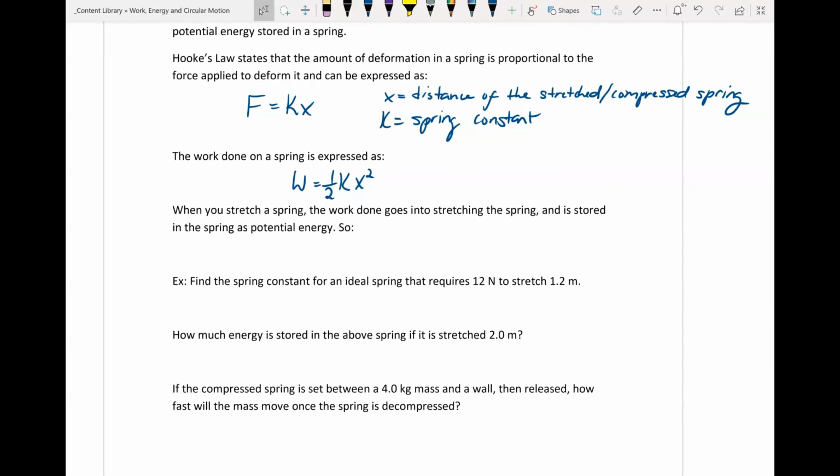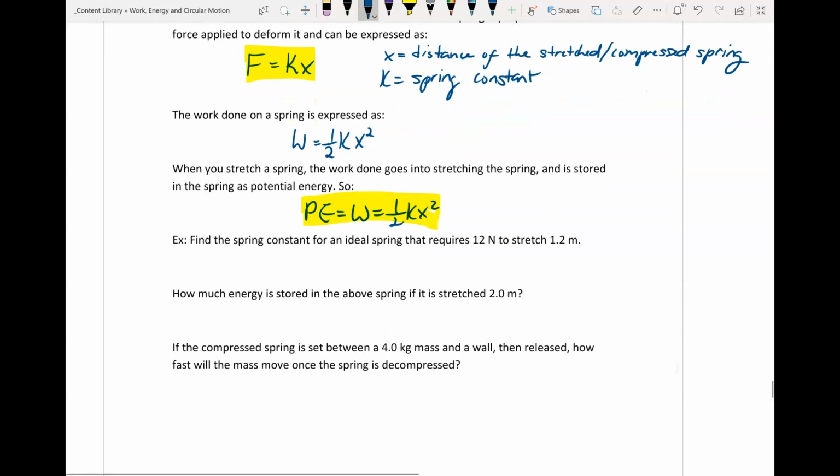Again, where k is your spring constant and x is the distance of the stretched or compressed spring. When you stretch a spring, the work done goes into stretching the spring and is stored in the spring as potential energy. So your potential energy is that work, which is a half kx squared. We are going to use this result and the force one from above.